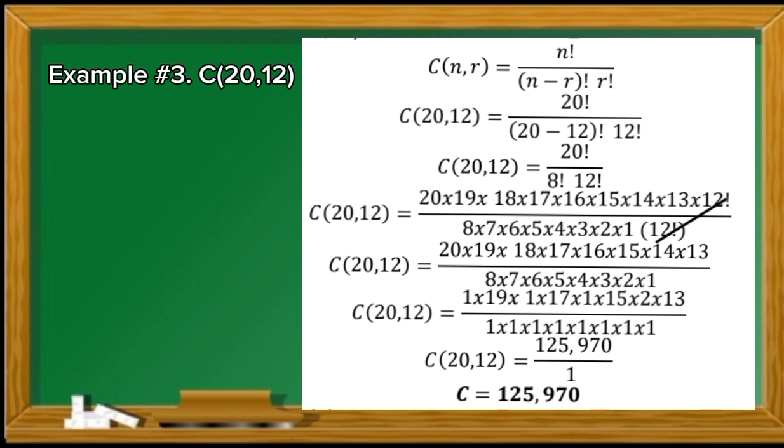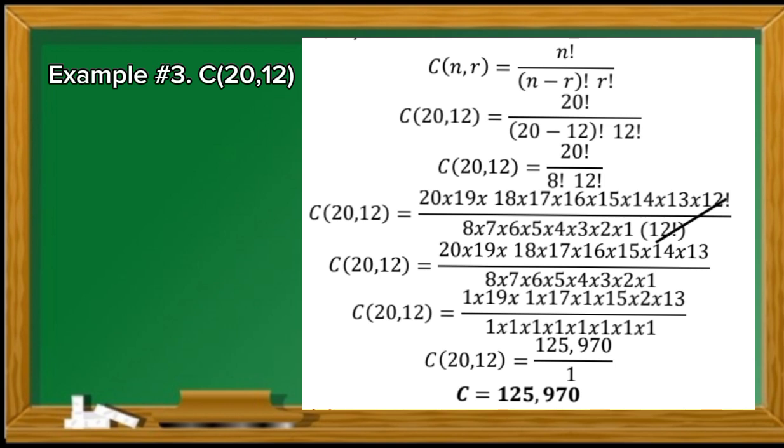Since the denominator has 12 factorial, we are going to cancel out the 12 factorial over 12 factorial. So what remains is 20 times 19 times 18 and so on until 13 over 8 times 7 times 6 times 5 times 4 times 3 times 2 times 1. And after that, we are going to cancel out the divisible numerator to denominator.